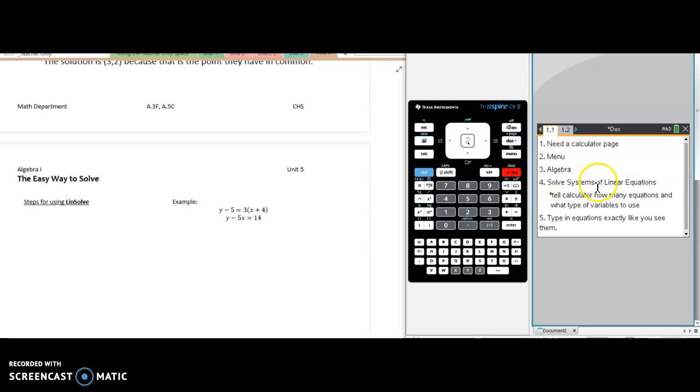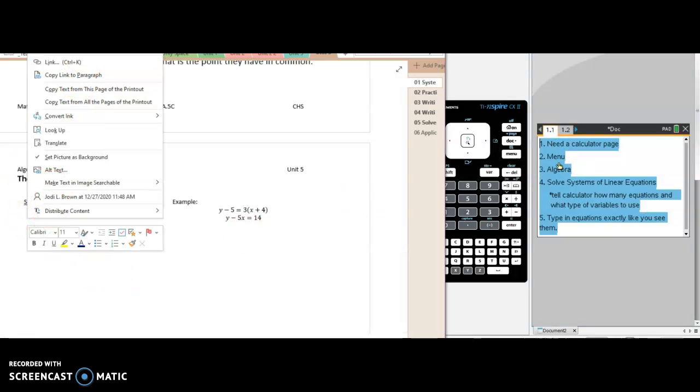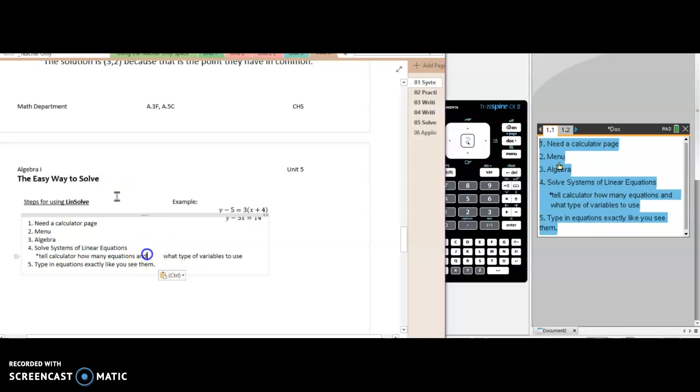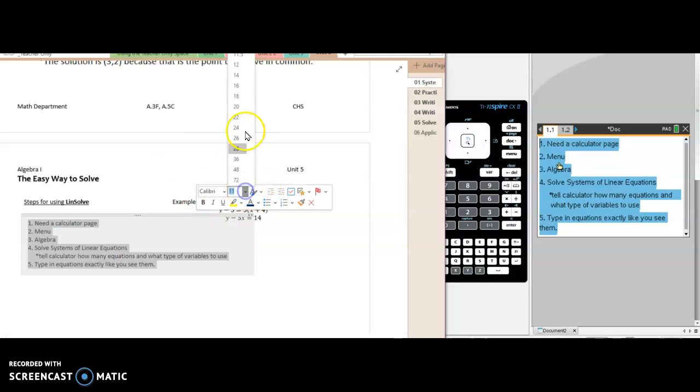Once you hit Solve Systems of Linear Equations, you have to tell your calculator how many equations and what type of variables to use, and then you're going to type in the equation exactly like you see it, okay? So I'm going to move this over here so that we can actually look at this and do it.